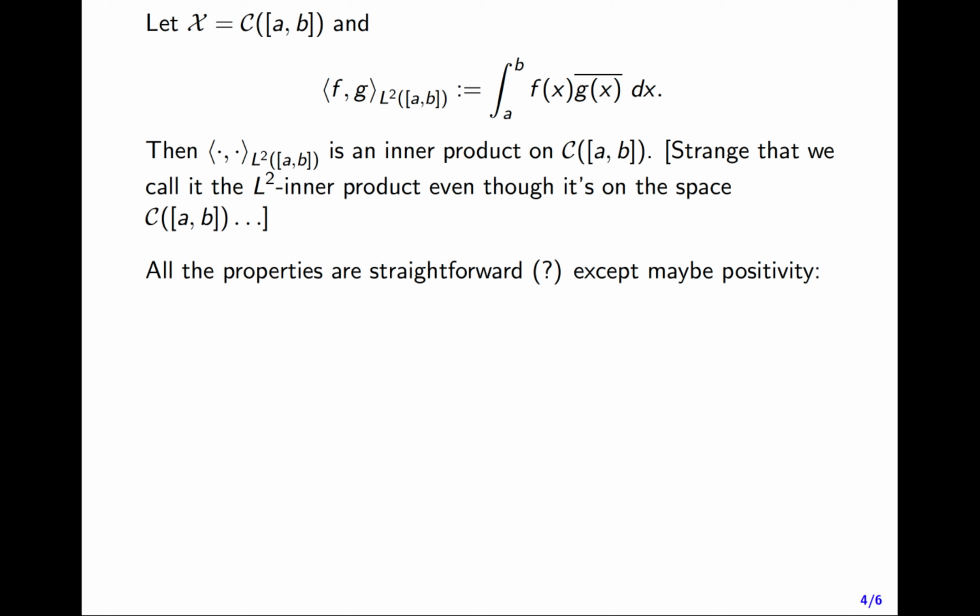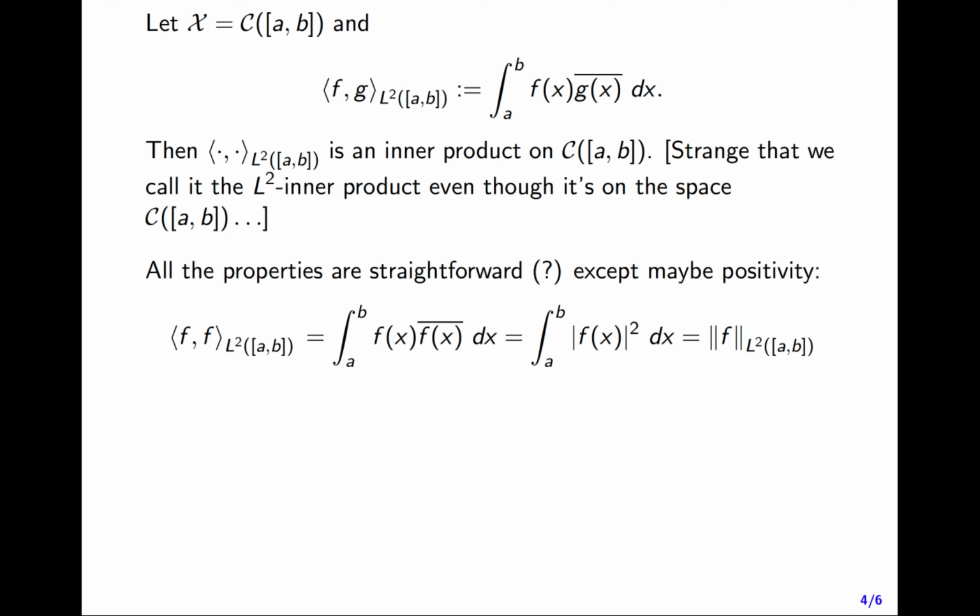And all the properties are pretty straightforward to check, and indeed you will do them in an exercise, except maybe the positivity property. Namely, we want to say if we have the inner product of f and f with respect to L2, what is that? That's the integral from a to b of f of x times the complex conjugate of f of x. That's the integral from a to b of the modulus of f of x squared.